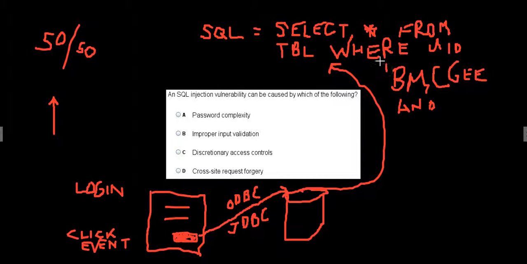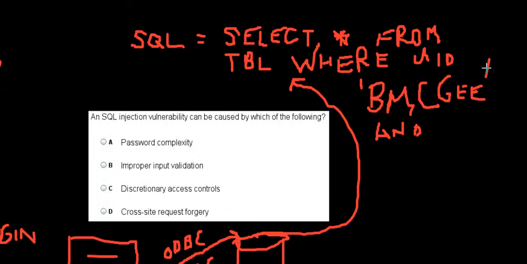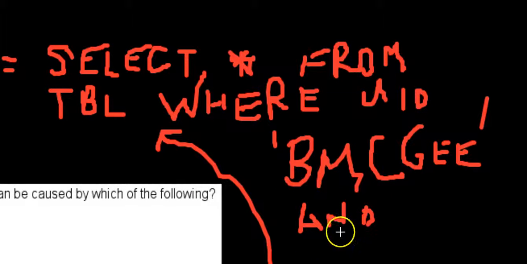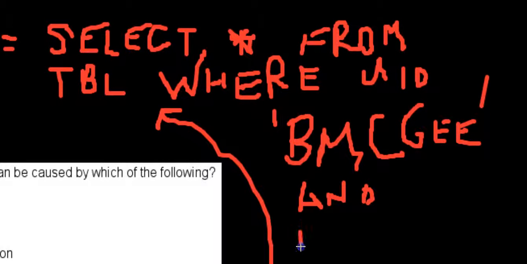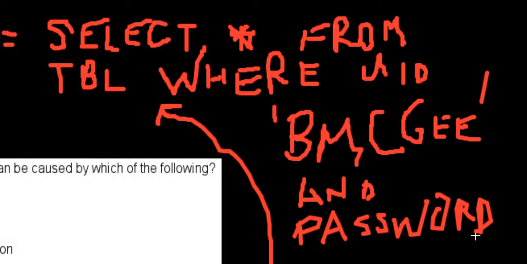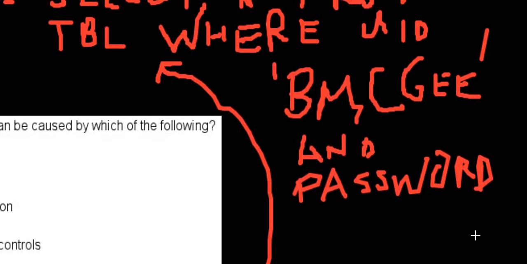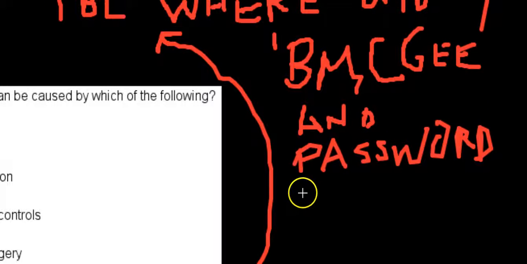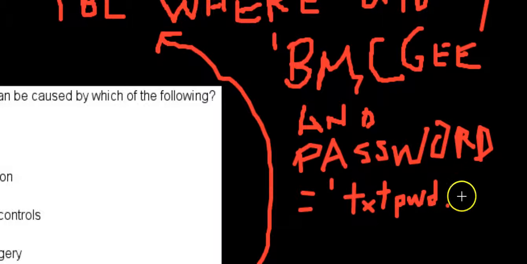Where UID equals, quote, B McGee, and password equals tick, and then txt pwd dot value.